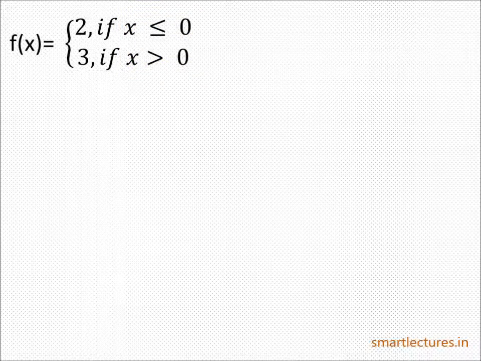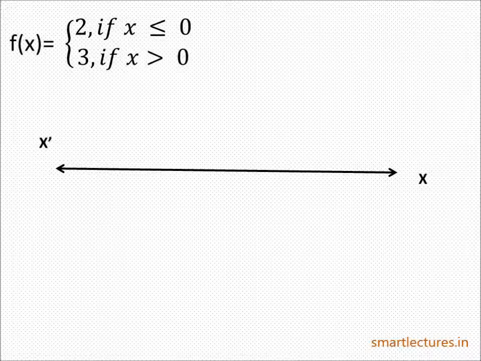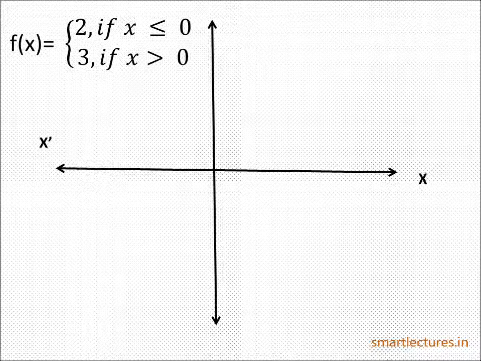So let's draw the graph of this function, and for that let's first draw a horizontal line as the x-axis and a vertical line passing through the center as the y-axis. And now for the given function, if the value of x is less than or equal to 0, then f of x is equal to 2. So that means if x is less than or equal to 0, then the value of y is 2.